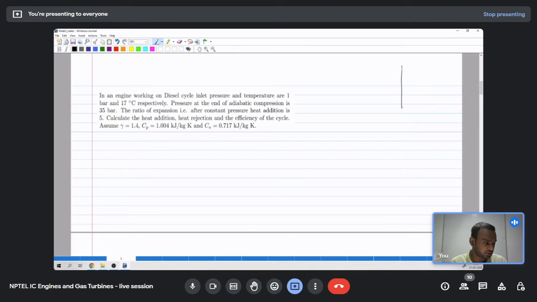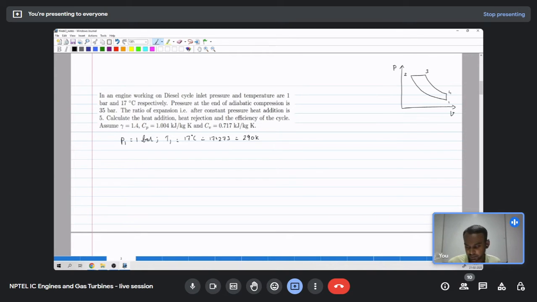So I start by drawing the PV plot for the diesel cycle. At condition 1, that is the inlet condition, pressure P1 is 1 bar and T1 is 17 degrees Celsius, which is 17 plus 273, 290 Kelvin.